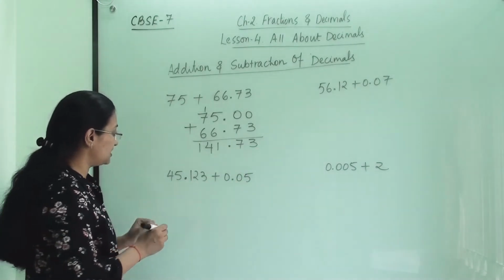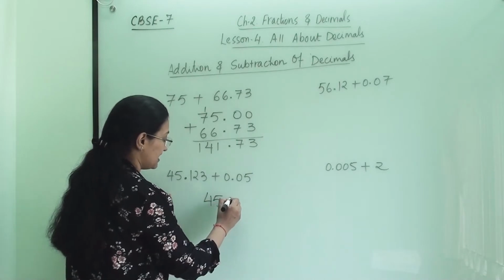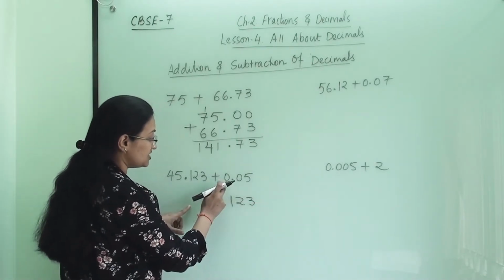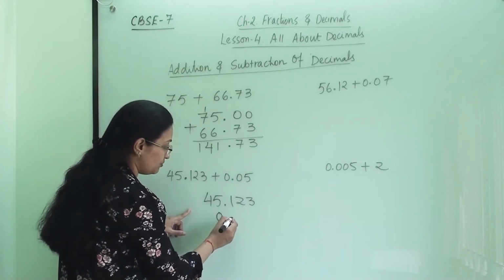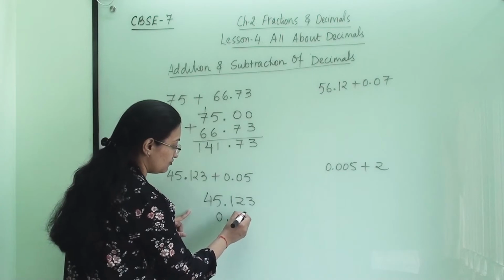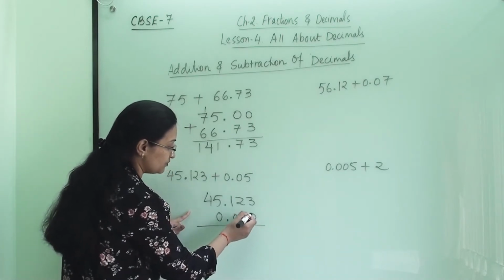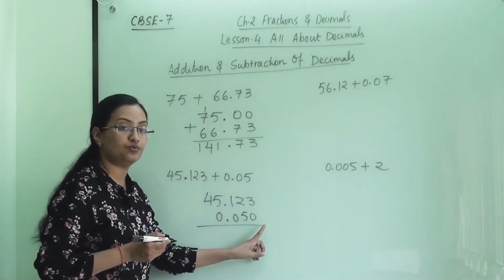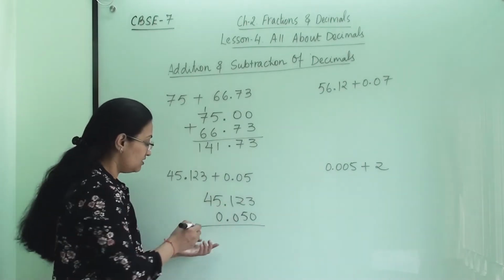Now the next numerical is 45, then decimal and 123. Then the number is 0.05. So we write 0, then 0.05. Now there is nothing here, so we can put 0. After the decimal we can put as many zeros as we want to match the number above.